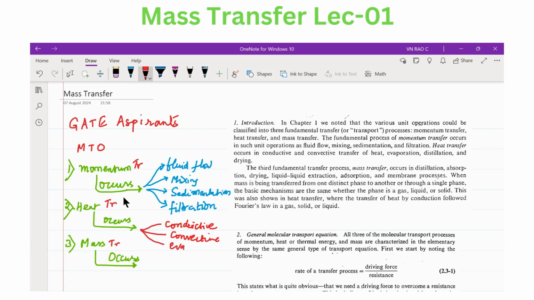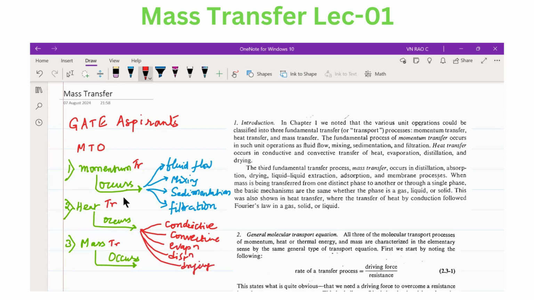Another one is evaporation. And of course, we see it in distillation and drying.